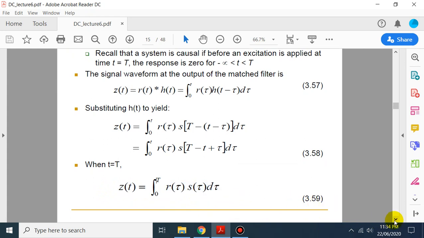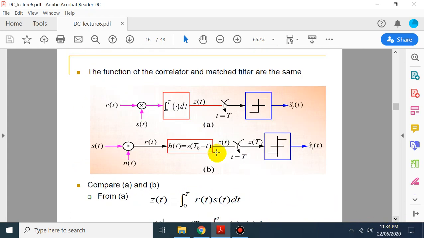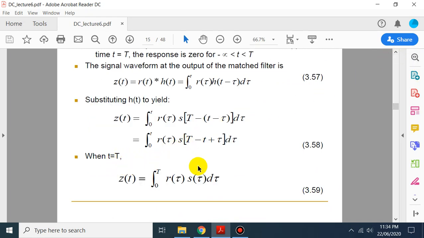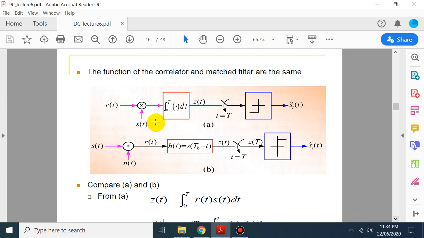So after getting z of T, we are going to define the function of the correlator and matched filter at the same time. For example, we have r of t here, we have s of t here, and we have already seen how we are getting this z of T. If we have this mathematically, we can draw it in a block diagram like this.